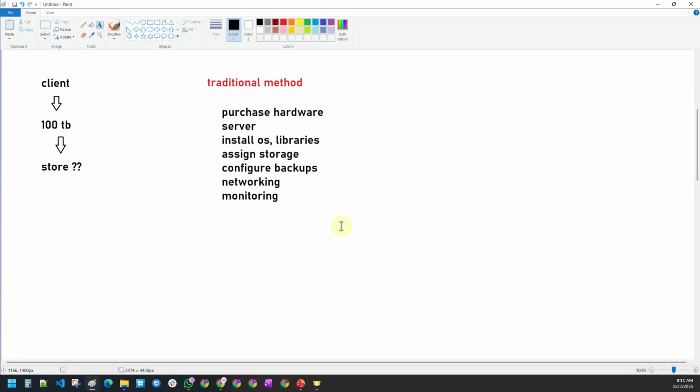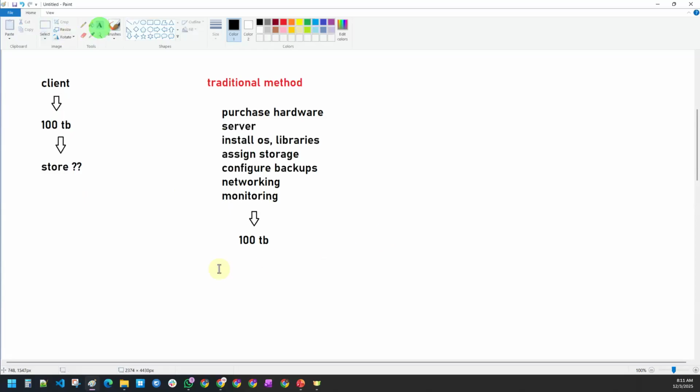Multiple people will be involved in different tasks, and we have to spend a lot of money purchasing all of these things and delivering them to the data centers. Once everything is ready as per the standard, only then can we go ahead and store this data.